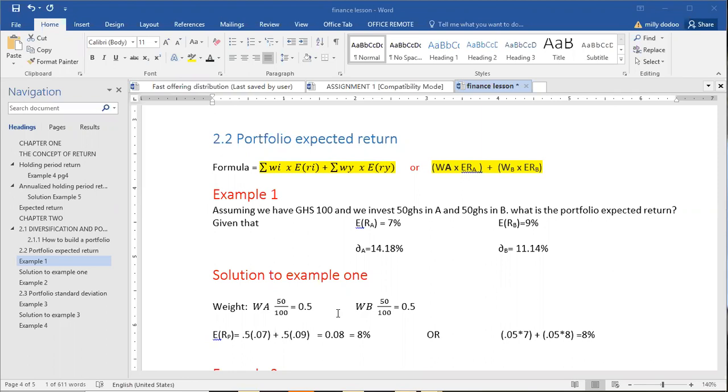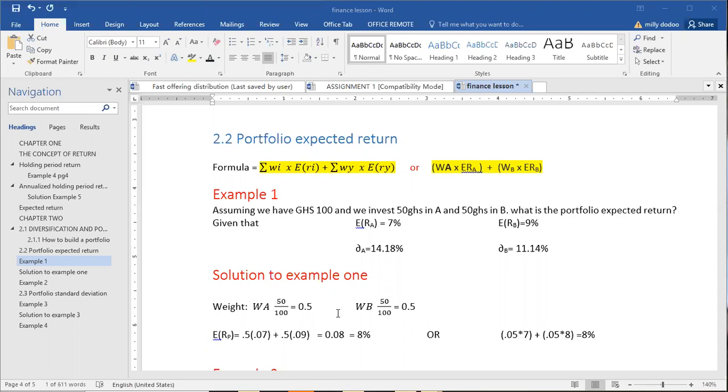So let's say I gave you individual returns of, let's say, 7, 10, 11, 15, 25. Now, if I ask you to find a portfolio expected return, given that all of them have equal probability, you are not going to get an answer less than 7%, and you are also not going to get an answer more than 25%.